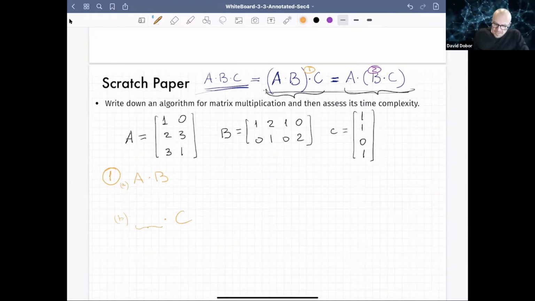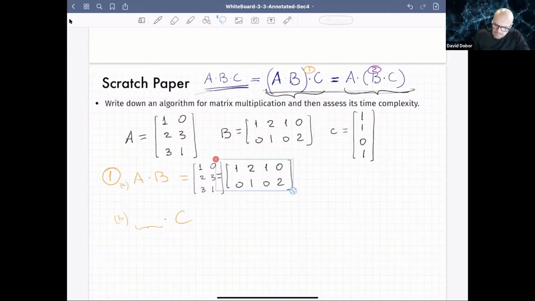First of all, I have a tall matrix multiplied by a laying down matrix. Let me rewrite this. So this is A, that goes here. I'm multiplying this matrix here by a matrix that is laying down.